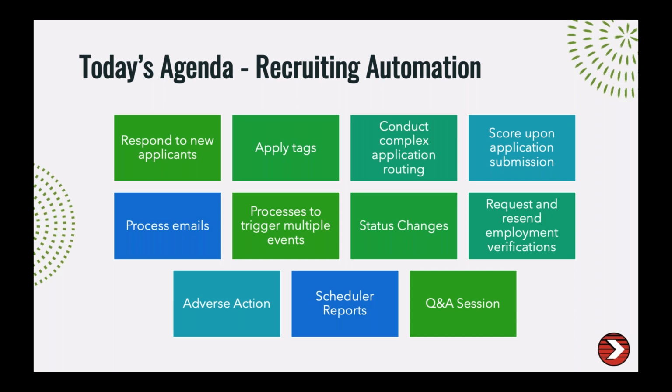We will wrap up with a Q&A session, so make sure you are submitting any questions you might have through the panel on your screen. With all of that being said, I'm going to go ahead and pass the mic over to Natalie and let her get this webinar started.